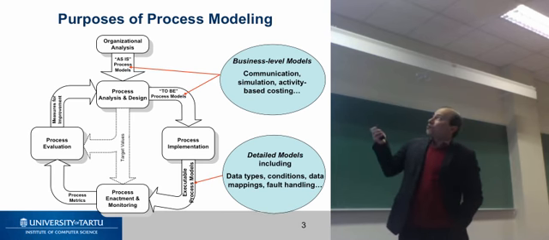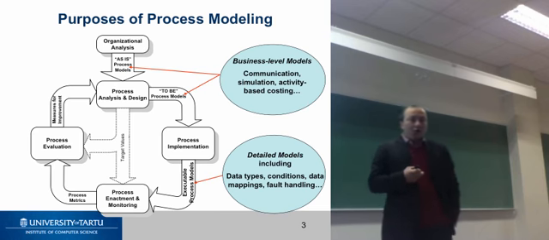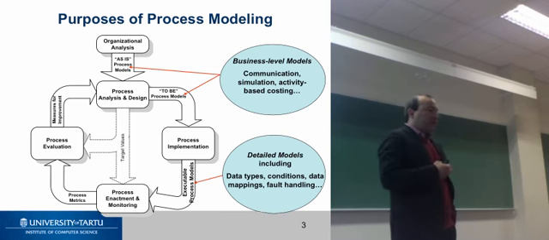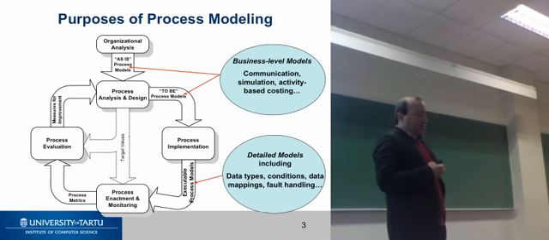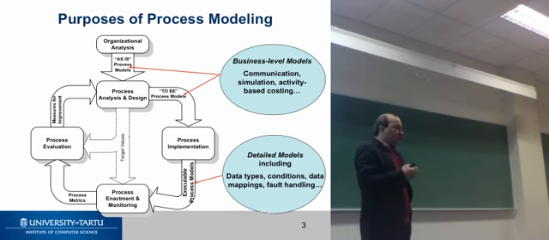So you might want to communicate the business process with other people, or you might want to analyze the process, so use it to find problems in the process and to trace the problems down to the root causes. Or you might want to use it to quantify the problems, or to test, if I change the process in this way, how much will it improve the performance of the process?